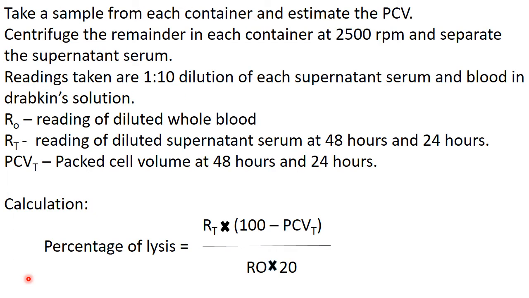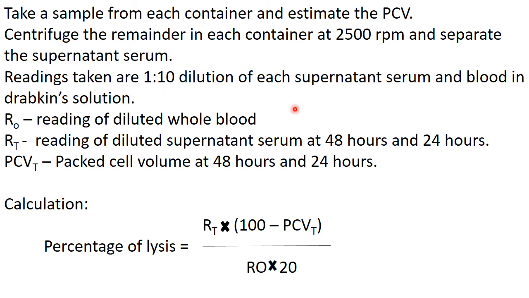Now take a sample from each of the containers to estimate the PCV, from both the tubes, one with glucose and another without glucose. Now centrifuge the remainder in each container at 2500 rpm and separate the supernatant serum.